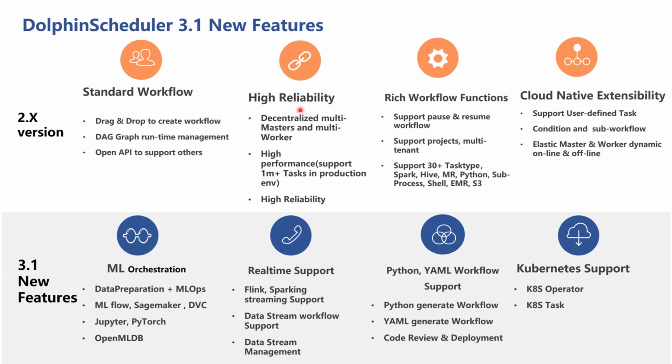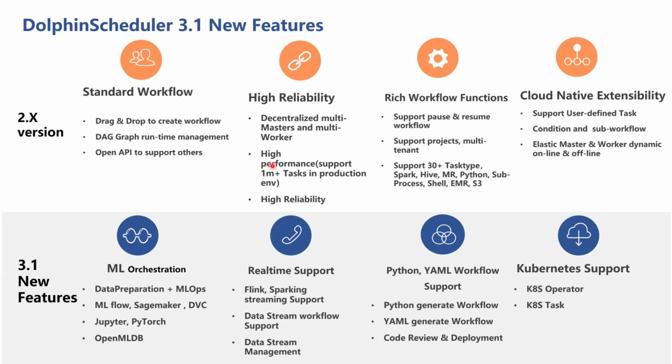The next is high reliability. We are decentralized, with multi-masters and multi-workers, because DolphinScheduler uses Zookeeper to do the registration of multiple masters and workers. That is the reason we have high performance.